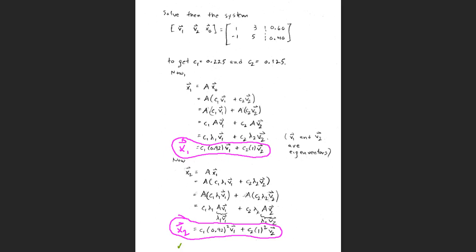What do you think x sub k would equal? C1 times something times V1 plus C2 times something times eigenvector V2. What's going to go here and here?